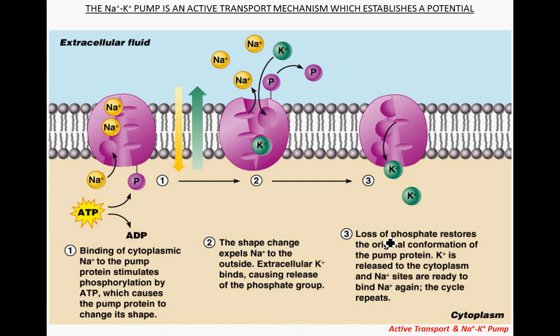One of the main players in that is, of course, the sodium-potassium pump. This is the sodium-potassium pump, and it is a pump because it is moving 3 sodium ions out and 2 potassium ions in, and it's moving these things against their concentration gradient.